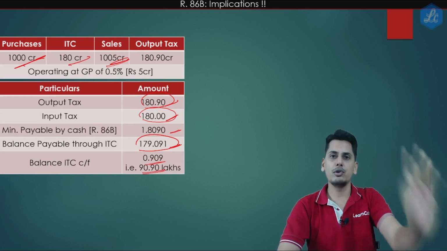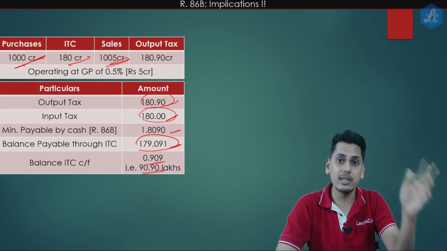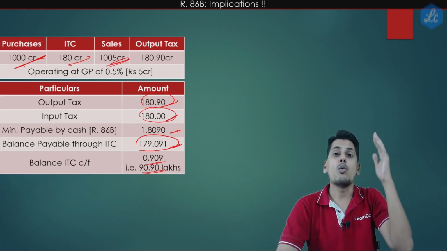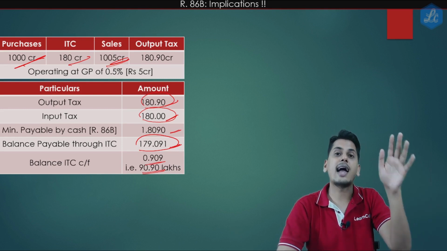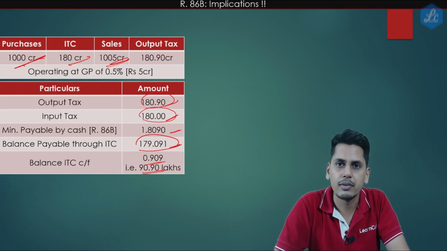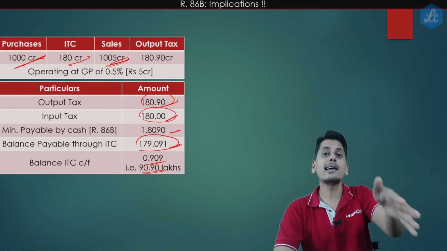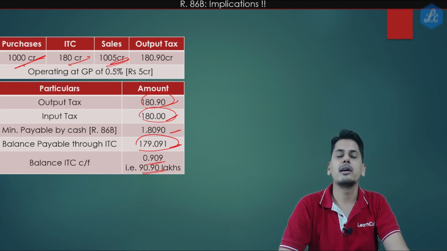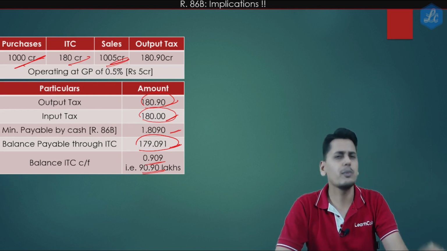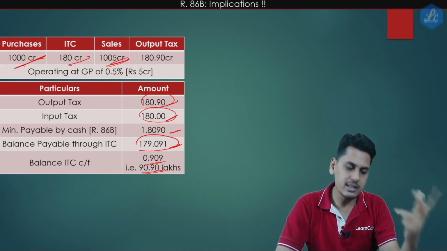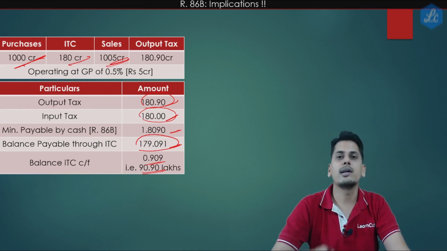When I know that in future, this is the business which I am going to do, this is going to be gross profit margin, what sense does it make in just carrying it forward as a book entry? In fact, I know that I will not be able to utilize this input tax credit which is being carried forward, because next month also my purchases will be 1000, my sales would be 1005.